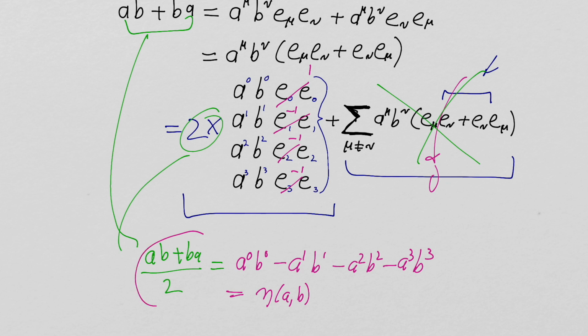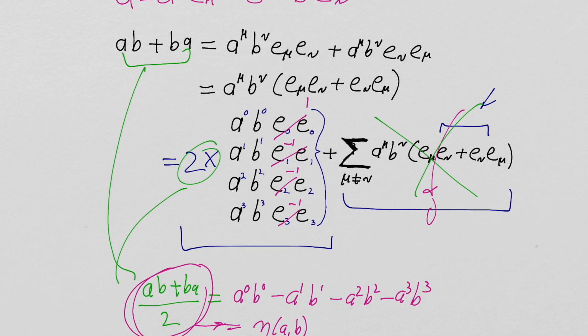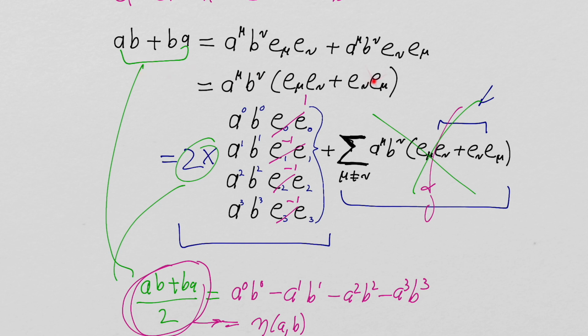So we've now re-verified, through using the basis vectors, that this in fact equals this. I feel like this is what we mean when we say we're going to throw down basis vectors.